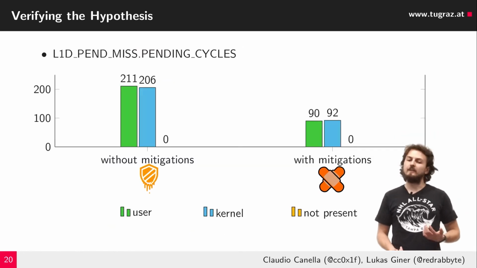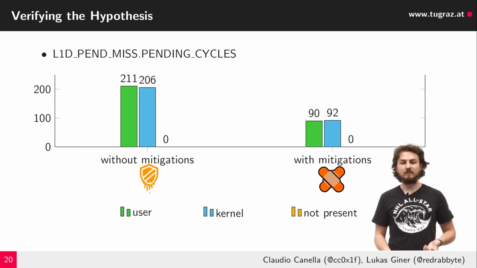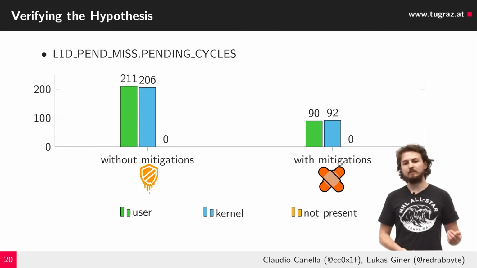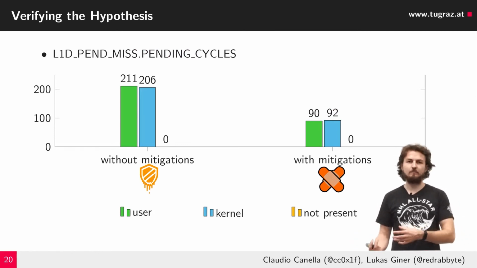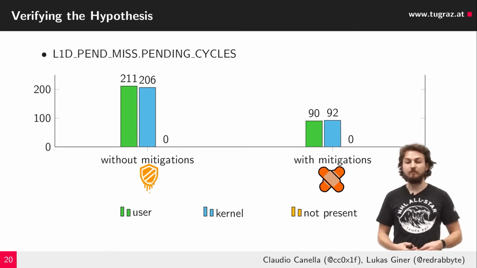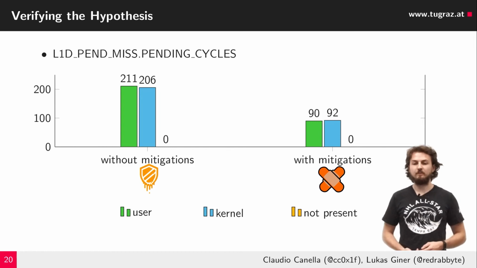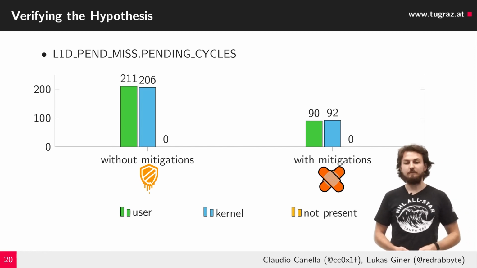And in the third test, we simply looked at how long we need to wait for this data to be available. So are we actually loading the data first, or is the zero just passed on from some internal buffer before we access the memory? So without mitigations, we can see we have more or less 211, 206 cycles that we need to wait for the result.